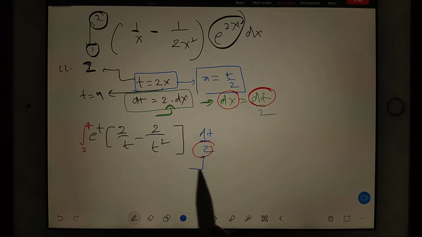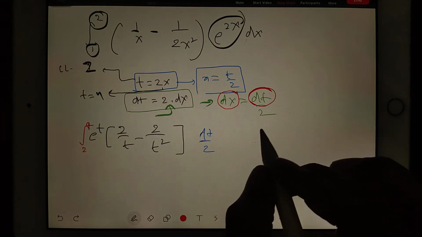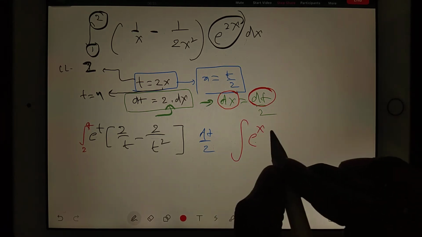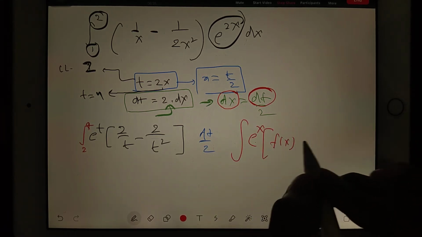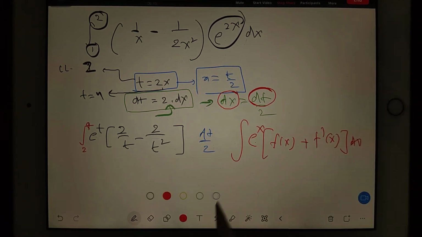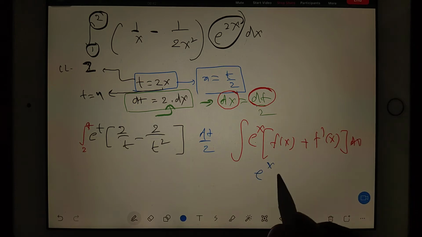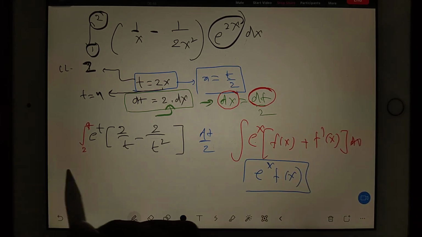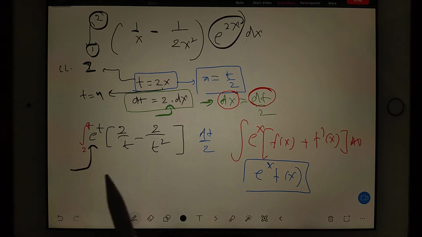Now I am going to give you one very beautiful trick here: wherever we have the integration of e^x [f(x) + f'(x)] dx, we can always write this as e^x f(x). This is a direct formula. So you can see here we have e^t, and this you consider as your f(x). So you are going to get the direct answer.